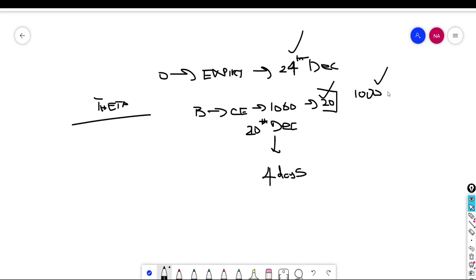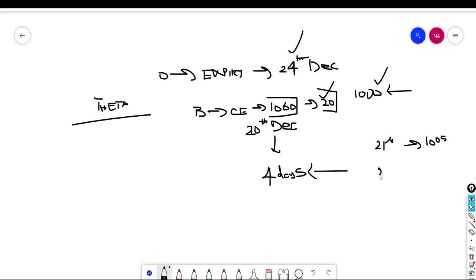The stock price is trading at 1000, and you have taken a 1060 call option. That means in the next 4 days, let's assume on 21st of December the stock price moves from 1000 to 1005.